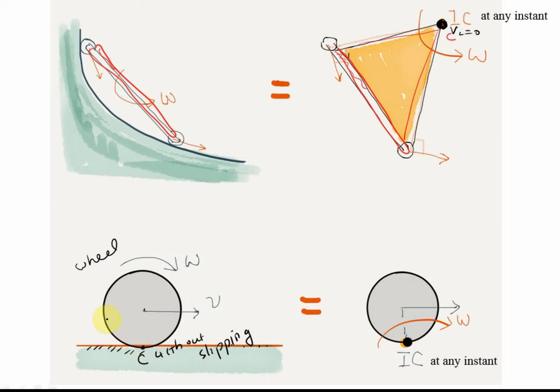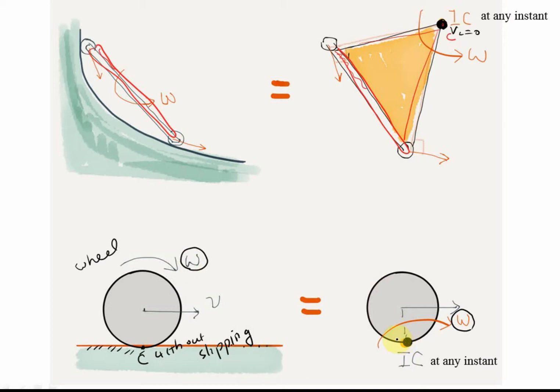That means you can think about this wheel's motion as if you rotate your wheel about this point with a certain angular velocity. This is possible, and this angular velocity is the same as the wheel's angular velocity.